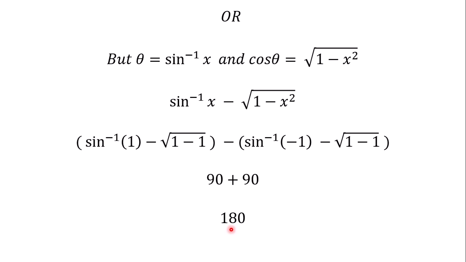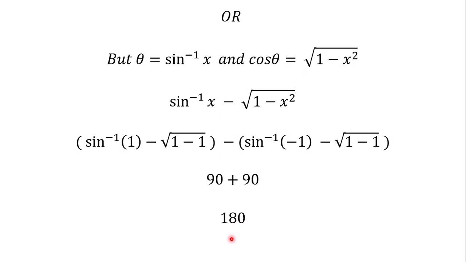So to get the value in terms of pi, we have to change this one to radian. This is the value in degrees, but what is the value in radian? Because it was stated in radian. 180 is never equal to pi, but when you change this one to radian, you will know the value.